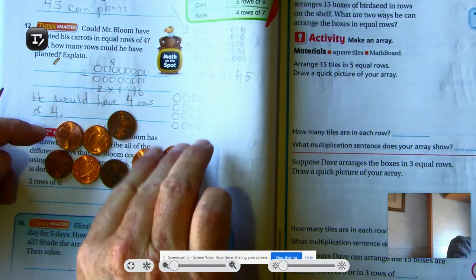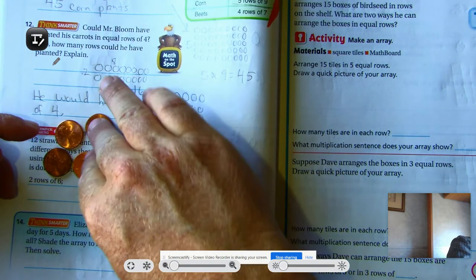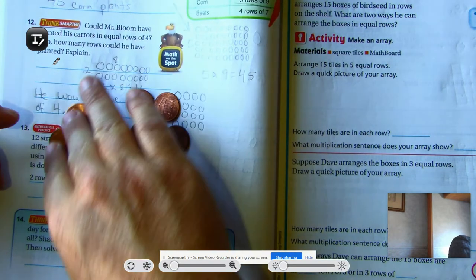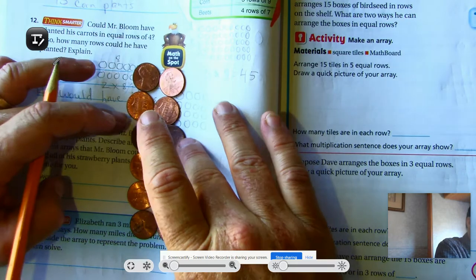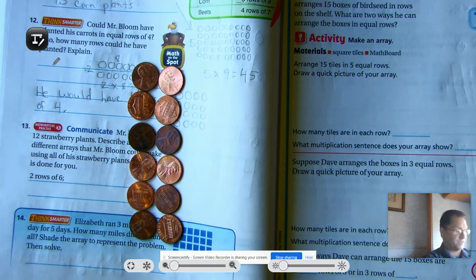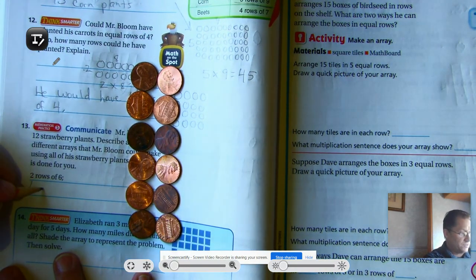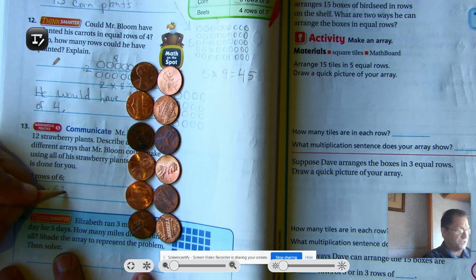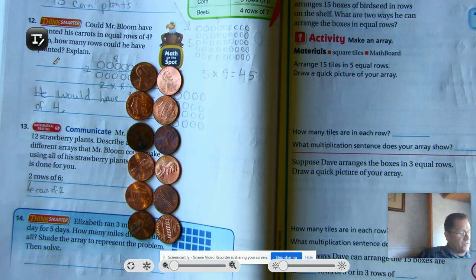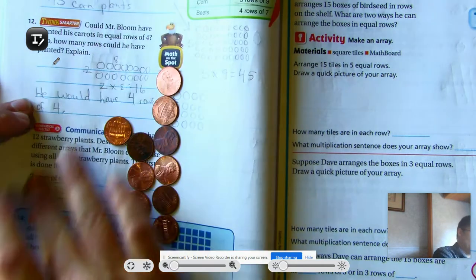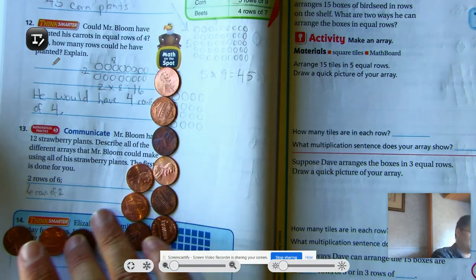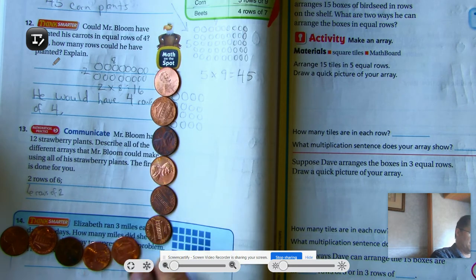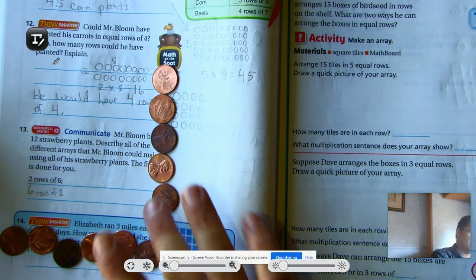We know that we can turn it. So instead of 2 rows of 6, we would have 6 rows of 2. So we just turned it sideways, so we can have 6 rows of 2. Now, are there some other ways we can use the 12 and have equal groups? Well, I know one. We can make 1 row of anything, and it would be equal.